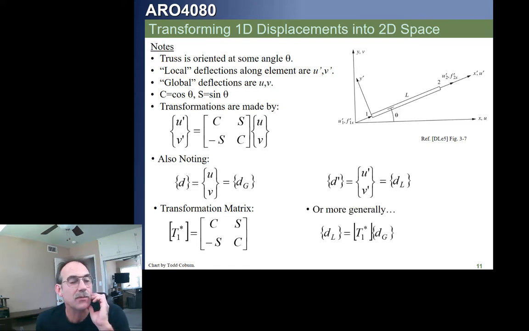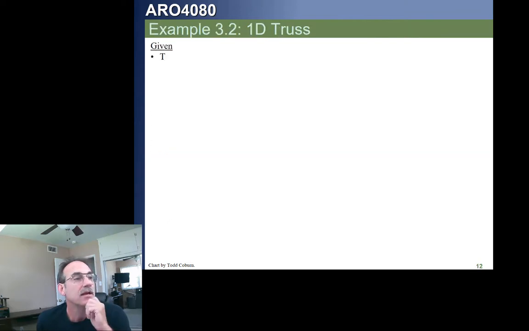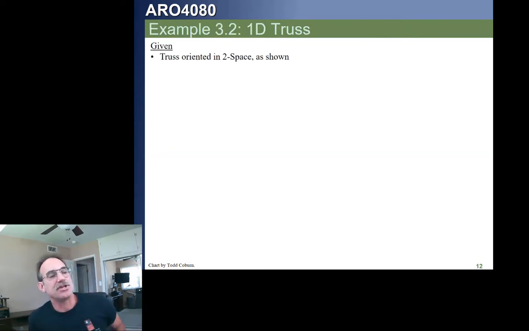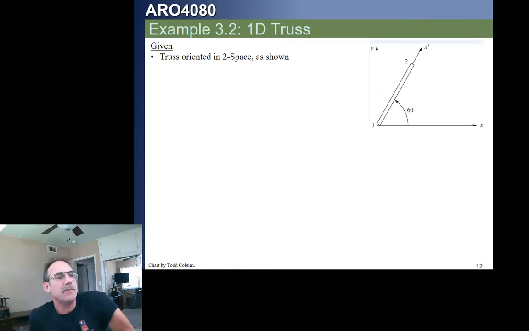So more generally, we can write that our local displacements are simply our global displacements pre-multiplied by this matrix T star that we just defined. These are little building blocks. Stick with me. If we look at a little example now, just to drill this home, we can take a two-dimensional truss in two space, just a single element.